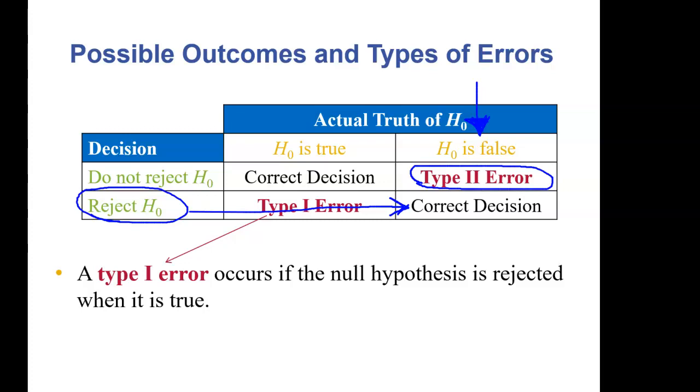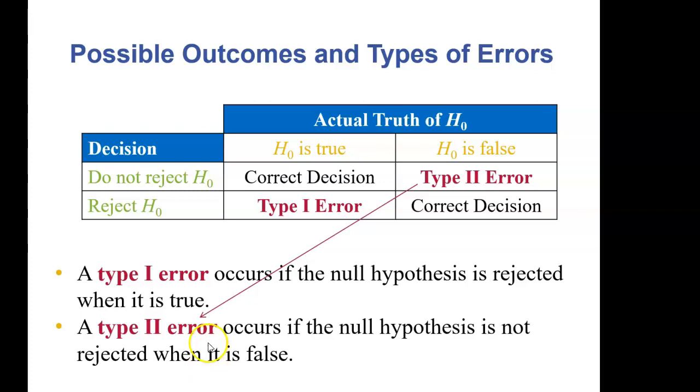Okay, so let me go ahead and show this to you again. You assume your null hypothesis is true, right? But what if it's actually false? So when your null hypothesis is false and you reject it, that is very good.